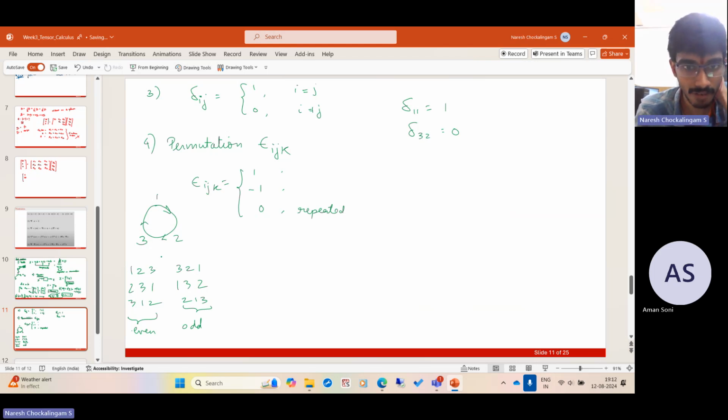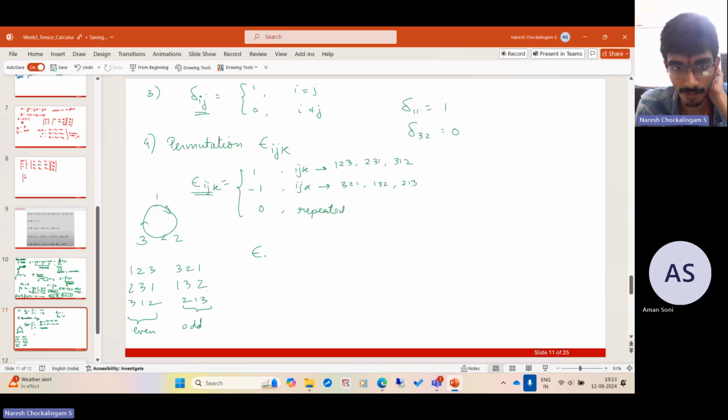So for these permutations, when you have ijk as 1, 2, 3, 2, 3, 1, or 3, 1, 2, it takes a value 1. And if ijk is 3, 2, 1, 1, 3, 2, or 2, 1, 3, it takes a value -1. And there's a beautiful relationship between the permutation symbol and the Kronecker delta.